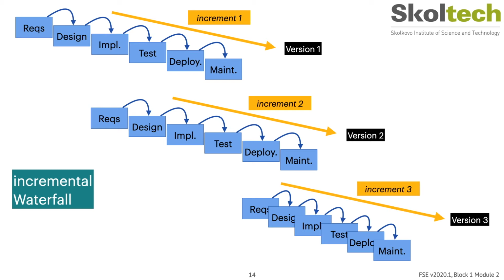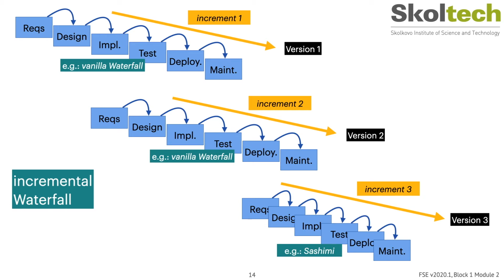And the same is for the third increment. One particularly interesting thing that you can do is you can use any of the waterfall variations for each of the increments. For instance, in this example, we have two vanilla waterfalls, and the second one is Sashimi, and that's reflected in this diagram here. So this is what you can do.